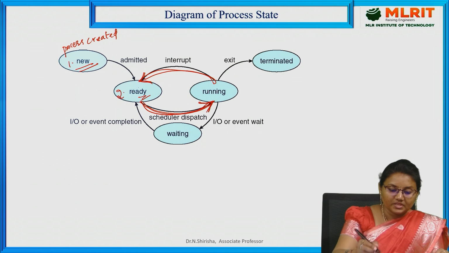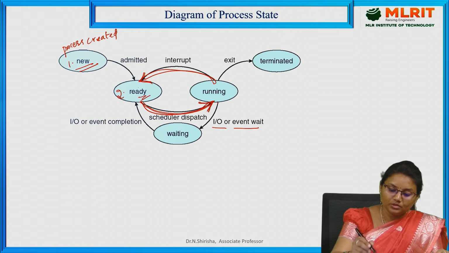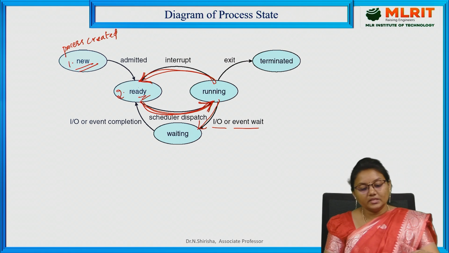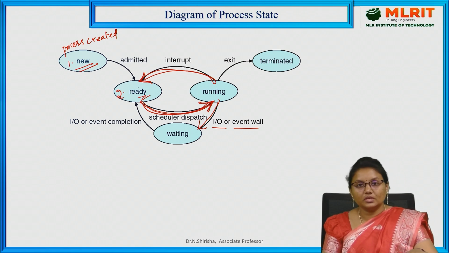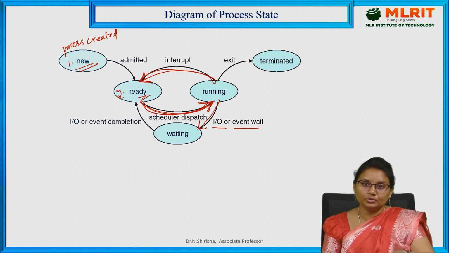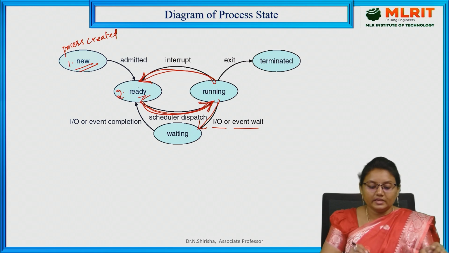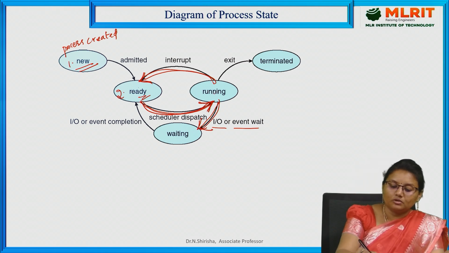Clear? Next is from running to IO, input output or event. When you get an interrupt or input output here, it will go to the waiting state also. Either if an interrupt occurs, it goes to the ready state, or if any input or output operation is required, it may go to the waiting state also. So from the running state, you have 3 outputs.